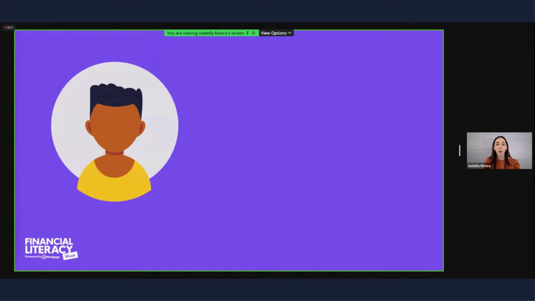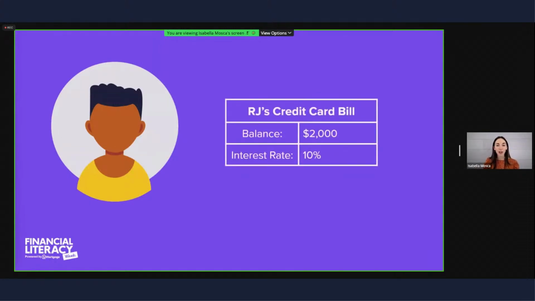Here we have RJ. We're going to take a look at his credit card bill to see how interest works. RJ currently has a $2,000 balance on his credit card bill, and his interest rate is 10%. He knows if he pays back the full balance at the end of the month, he won't owe any interest on the bill, but he's not able to, and he will have to pay his balance back over time.